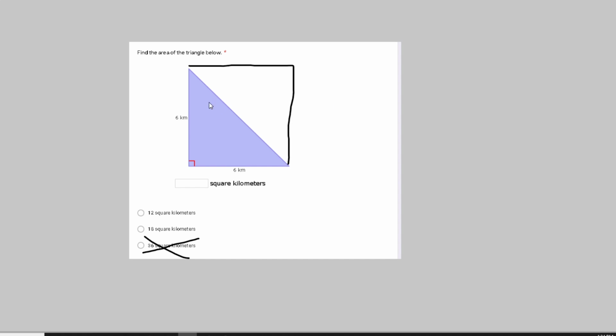But we want half that square. We want the triangle. So we need to do 6 times 6, 36, and then we need to take half of that. Well, to take half of that, you just divide by 2.